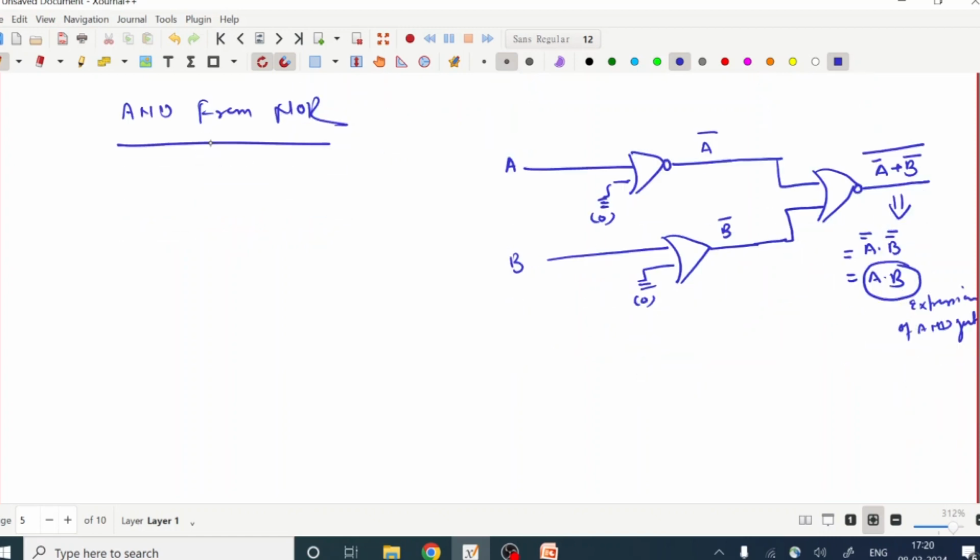Similarly, we design OR from NOR. It is very easy to design OR gate from NOR. First we take two inputs A and B, both connected to a NOR gate.